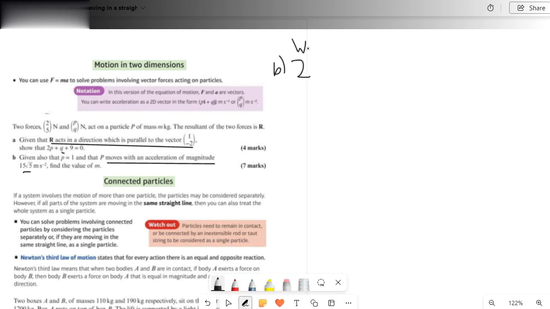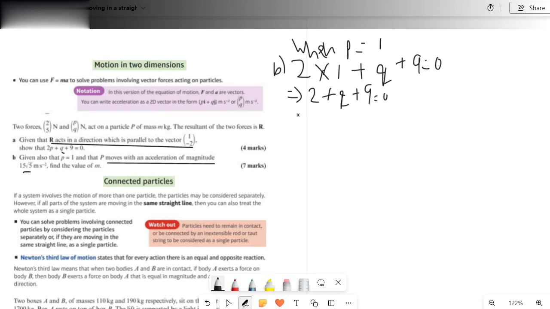So when p is equal to 1, we can say that 2 multiplied with 1 plus q plus 9 is equal to 0. So we have 2 + q + 9. Therefore, q + 11 = 0. Therefore, q is equal to minus 11.